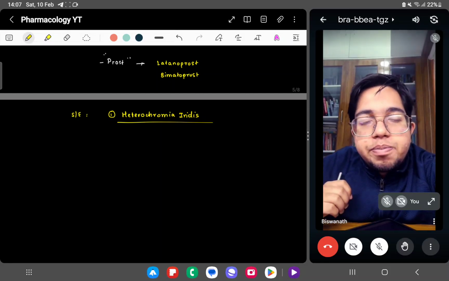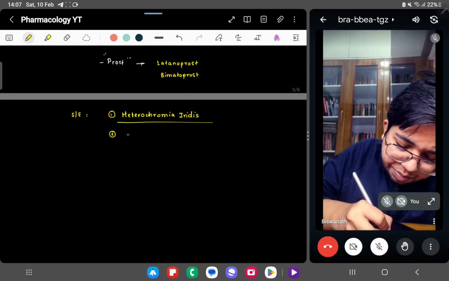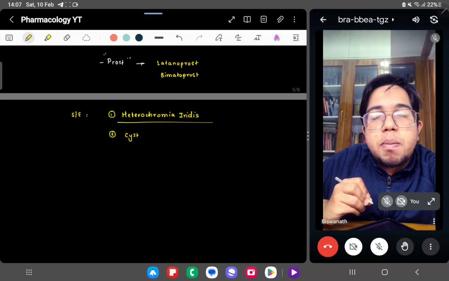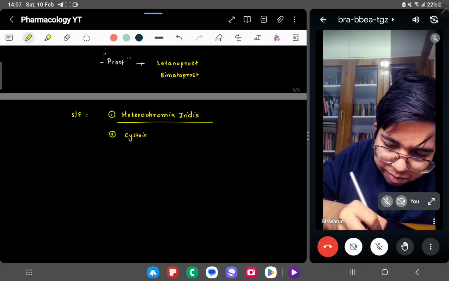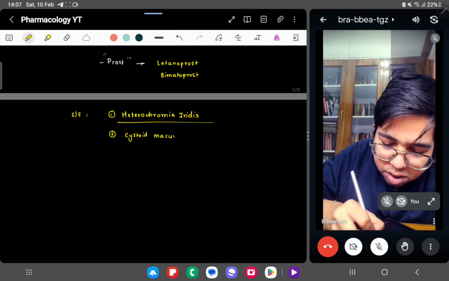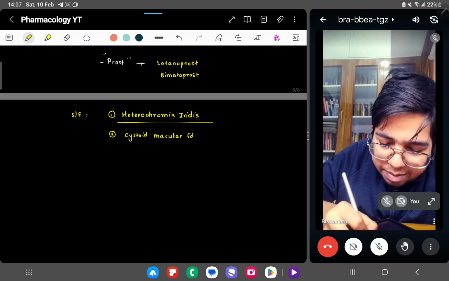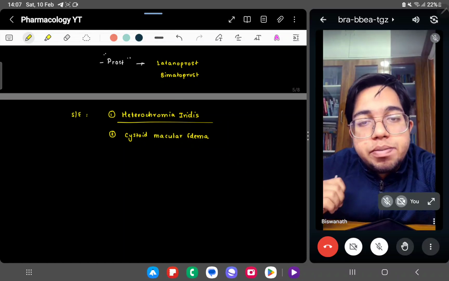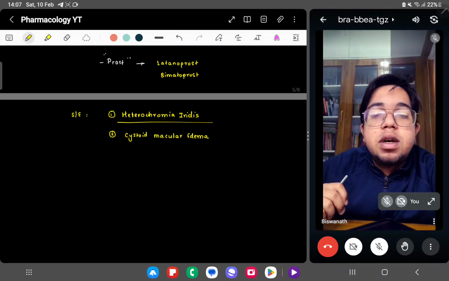And we have something called cystoid macular edema. Here what happens is that there is inflammation of the retinal blood vessels.